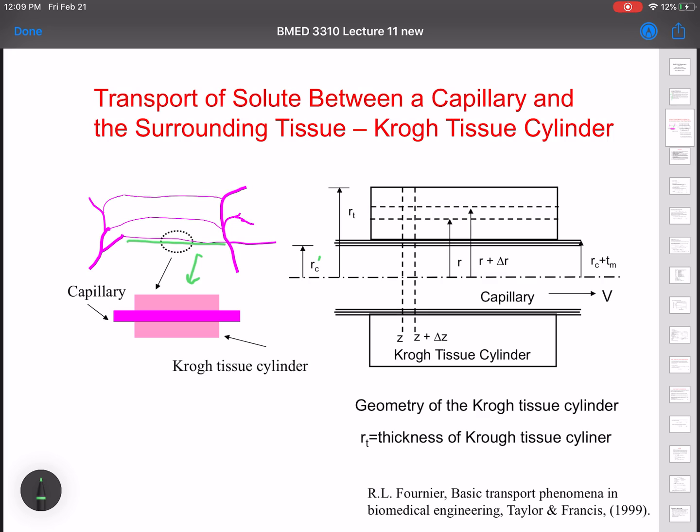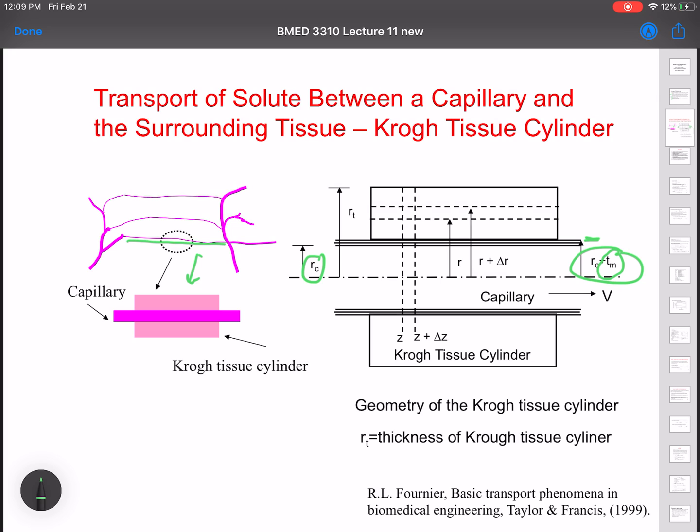The capillary has a radius of r sub c. The capillary wall has a thickness of t sub m. So the radial distance at the outer edge of the capillary wall is r sub c plus t sub m.